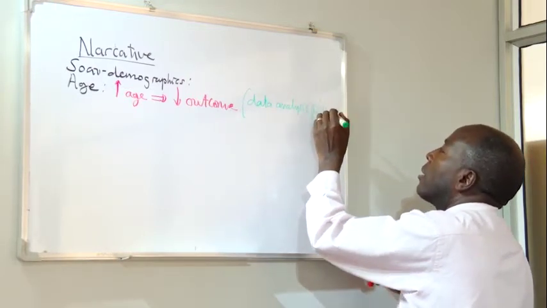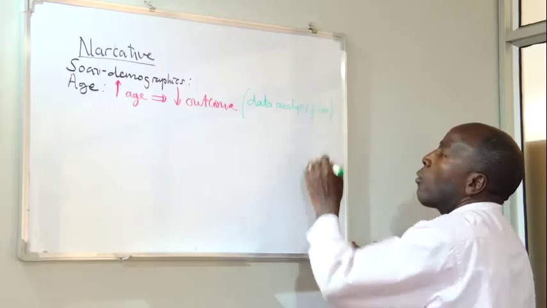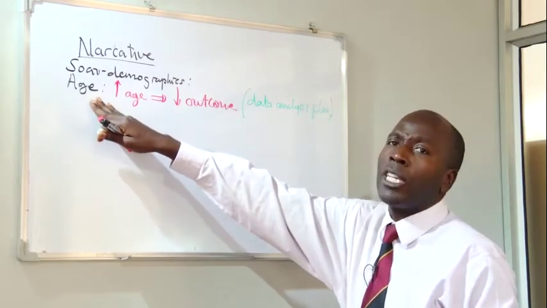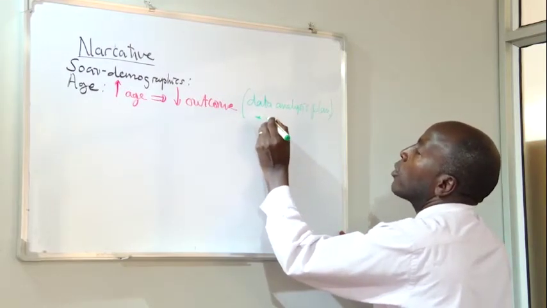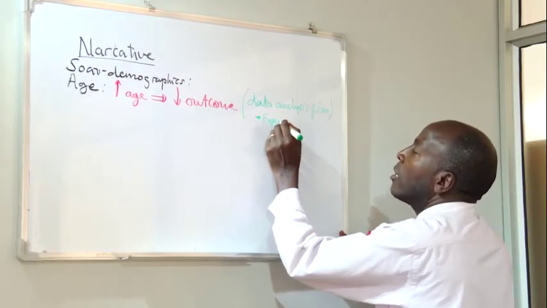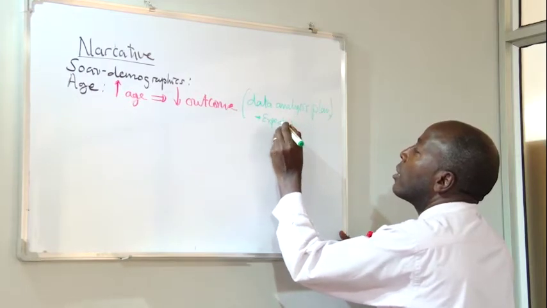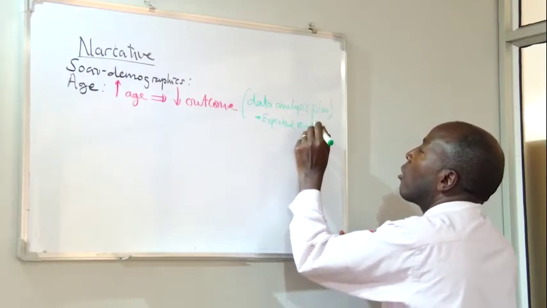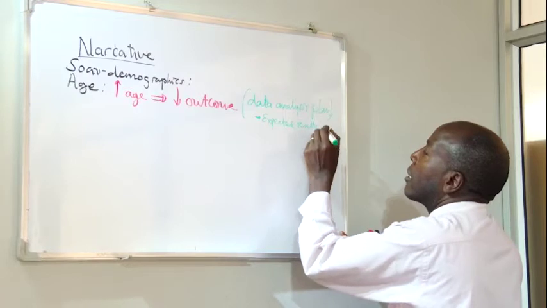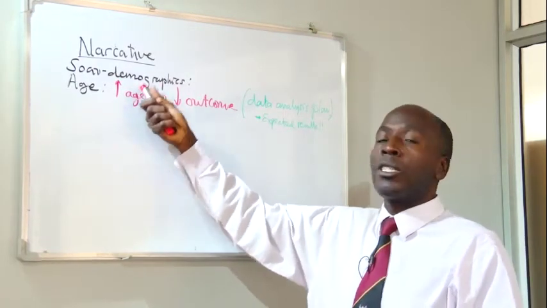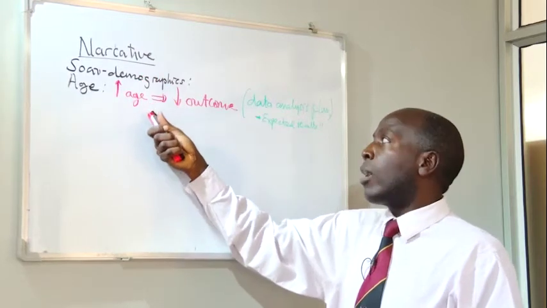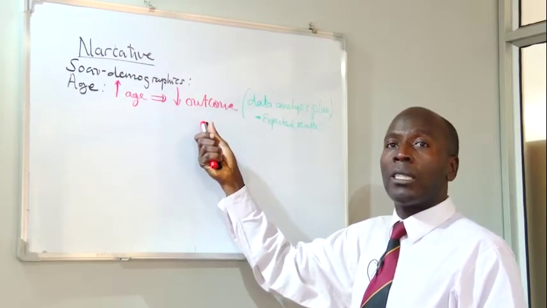Data analysis plan, we know that for sure we have to look at age. But in addition to that, we're also getting information on the expected results. We expect that as the age of a participant increases, the occurrence of the outcome should come what? Down.